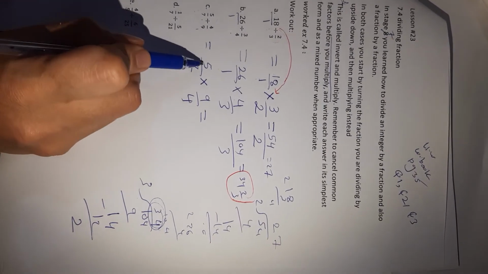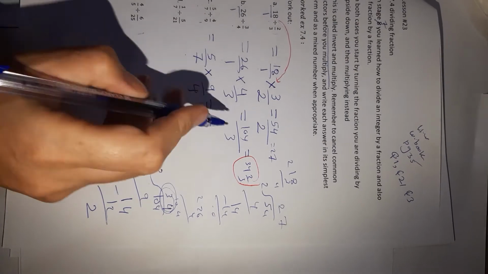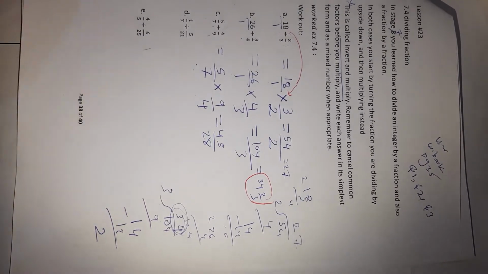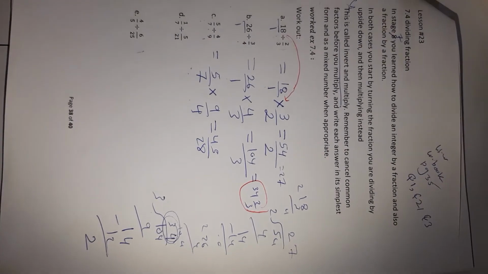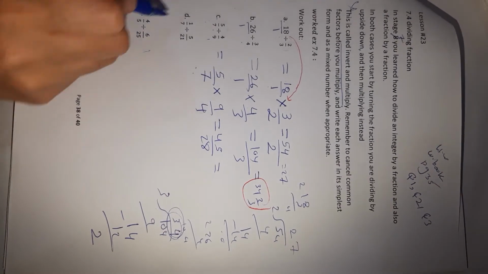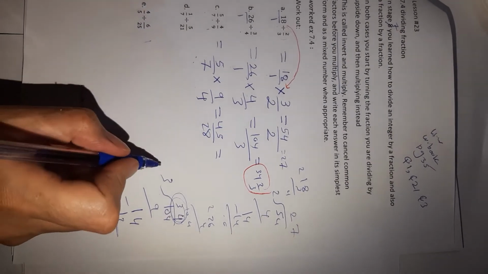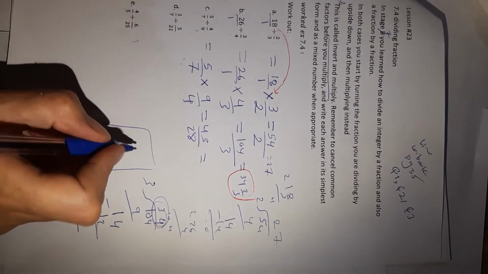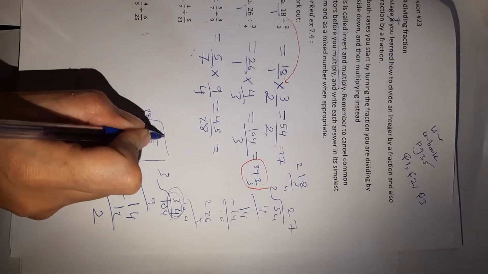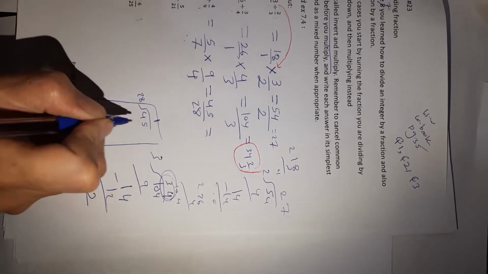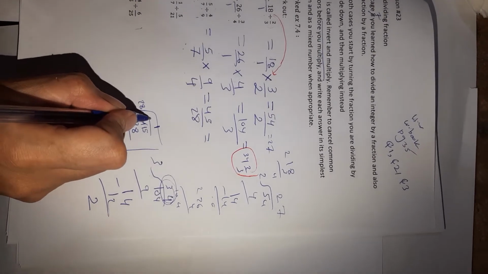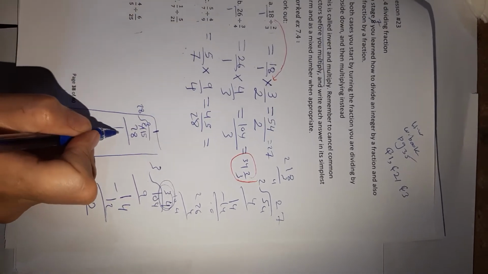Now we just multiply the numerators. 5 times 9 is 45. 7 times 4 is 28. 45 is more than 28, so it's an improper fraction. Now use long division. 45 divided by 28 is 1 times 28. 5 minus 8 we can't, so we borrow and it becomes 15 minus 8, which is 7. Wait, 45 minus 28 is 17.